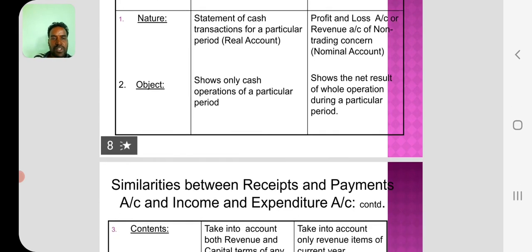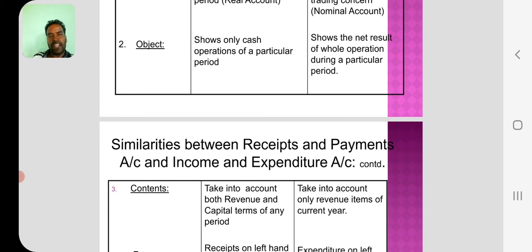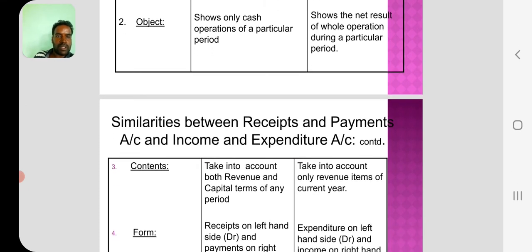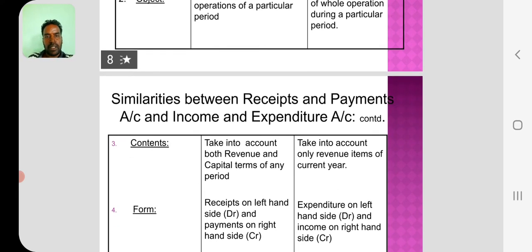Second one is object. Receipts and payments account shows only cash operations of a particular period, only cash transactions, not credit transactions. Coming to income and expenditure, it shows the net result of the whole operation during a particular period. Net result means it deducts the past transactions from the current amount, and then deducts the future transactions from the current amount, and then the net amount will come.